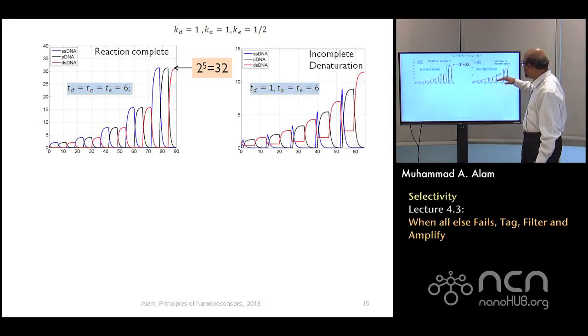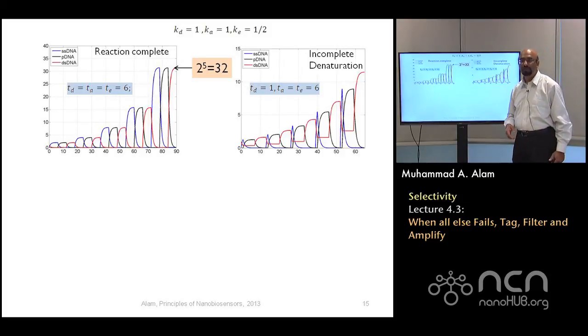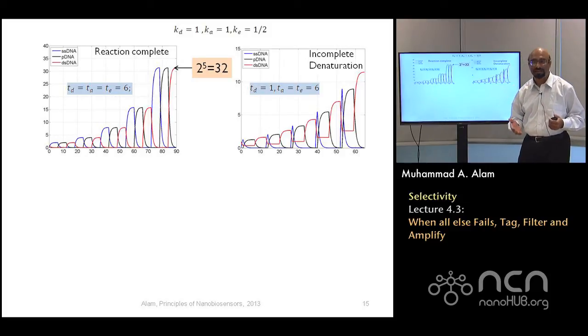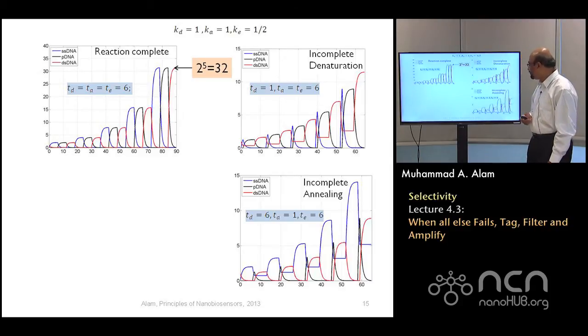And when this oscillates back and forth, the reaction is never complete, right? You are not allowing enough time. In that case, you see at the end of the 5th cycle, you only have 12. So if you try to do it too fast, your amplification will not be very good. Same thing is true for the annealing step. If you don't allow enough time for the annealing, the same thing will happen, and you will see the amplification will not be significant.